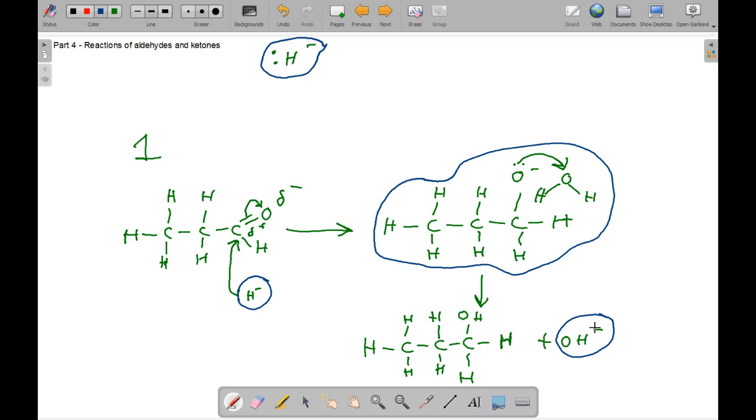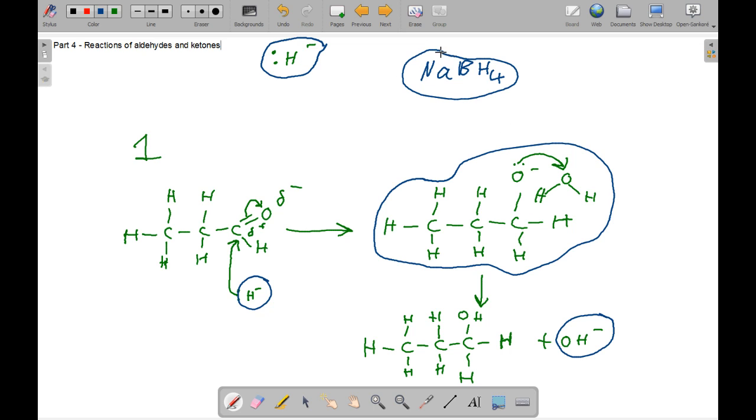So this nucleophilic addition is very important, as it's another way to make alcohols from aldehydes and ketones.